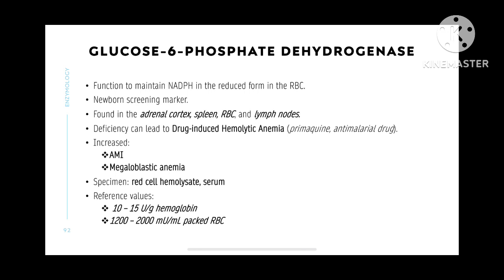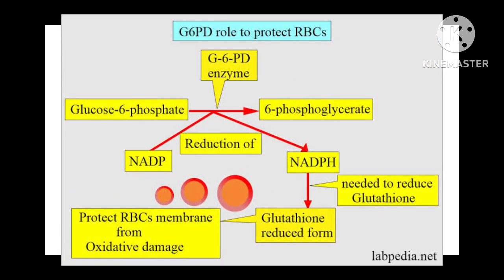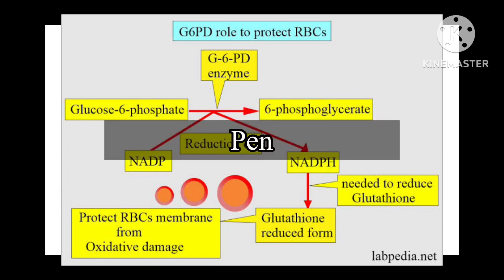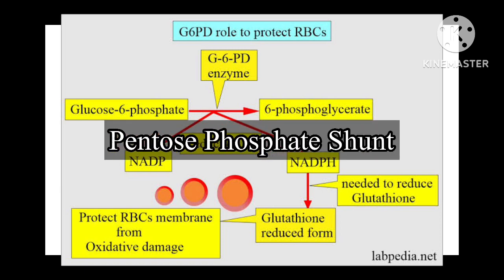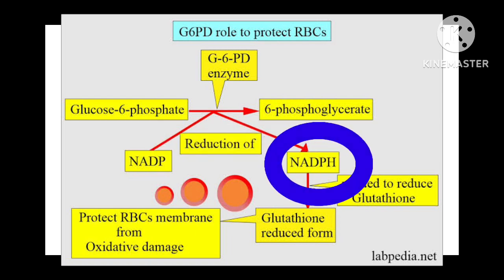G6PD is an oxidoreductase that catalyzes the oxidation of glucose 6-phosphate to 6-phosphogluconate or the corresponding lactone. This reaction is important as it is the first step in the pentose phosphate shunt of glucose metabolism with the ultimate production of NADPH.